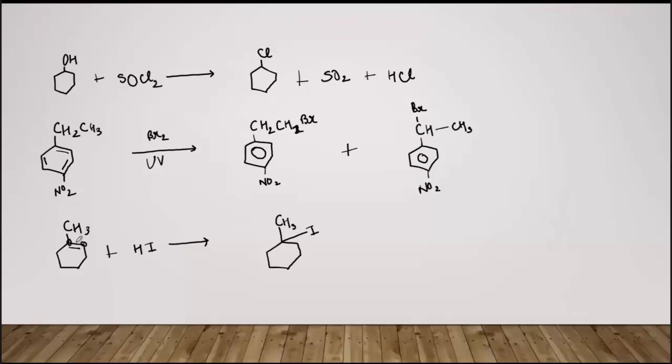The carbon which has fewer hydrogens, in that carbon the hydrogen will get attached. See, in this carbon we have a double bond, which means one hydrogen is attached to it, and on this carbon no hydrogen is attached, no hydrogen. So here H will come and here I will come. Fine, so I am writing here.